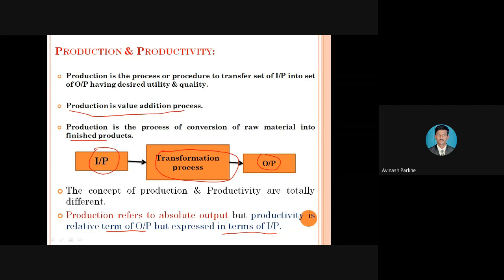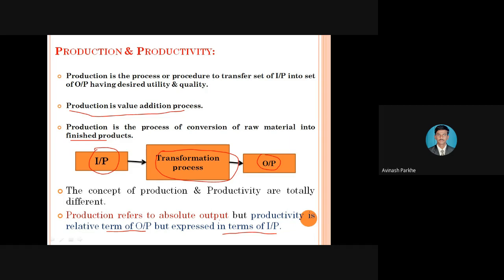I can say that my productivity is high only when, with a minimum amount of input, my output is maximum. And exactly opposite, if output increases but the input parameters also increase to achieve it, I cannot say that productivity increases.